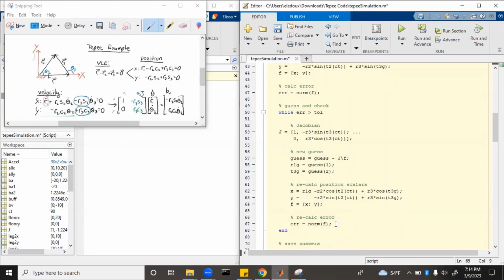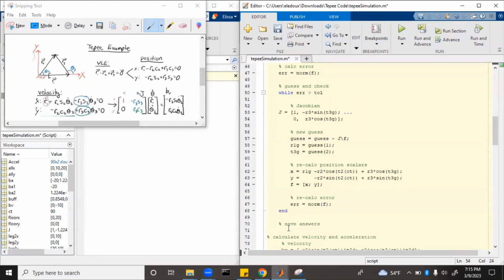Now there's one more thing in this while loop we need to fix, and that is here, the T3 of count needs to be T3 guess. Since we're using the guesses everywhere, we just need to be consistent. And then once we've figured out the correct value, so once the error is small enough within the tolerance, the while loop will exit.